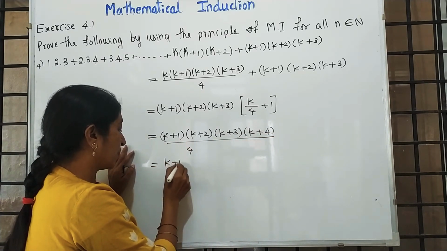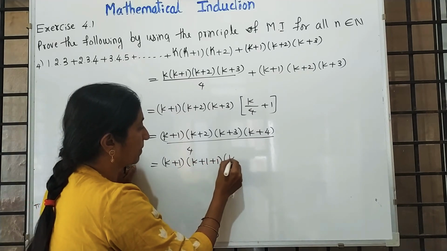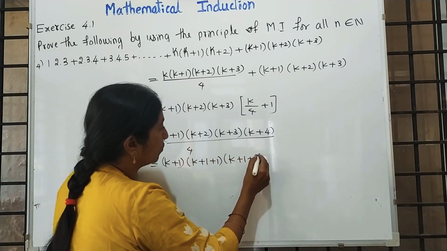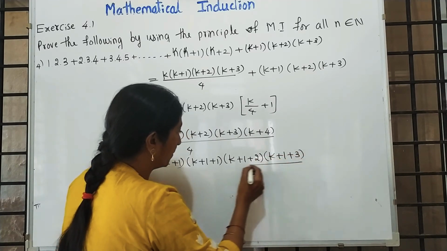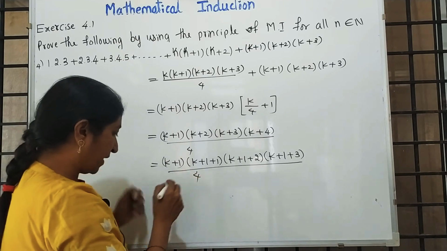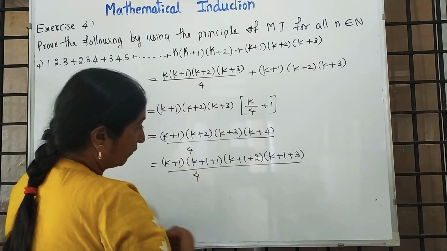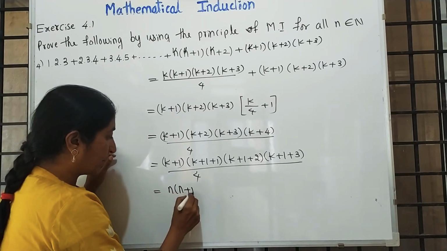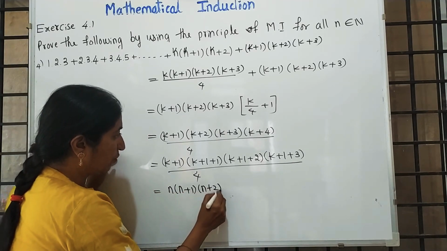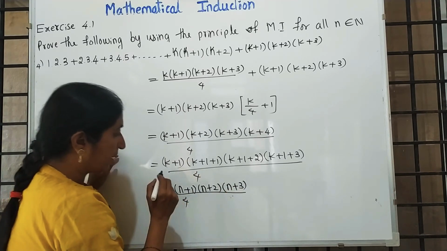Next, k plus 1, it is k plus 1 plus 1, k plus 1 plus 2, k plus 1 plus 3 divided by 4. Now wherever k plus 1 is there, if you write as n, we are getting n into n plus 1 into n plus 2 into n plus 3 divided by 4.